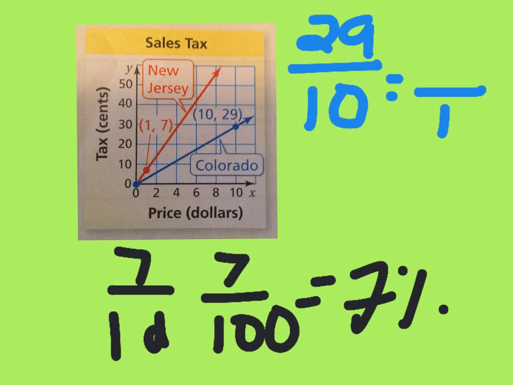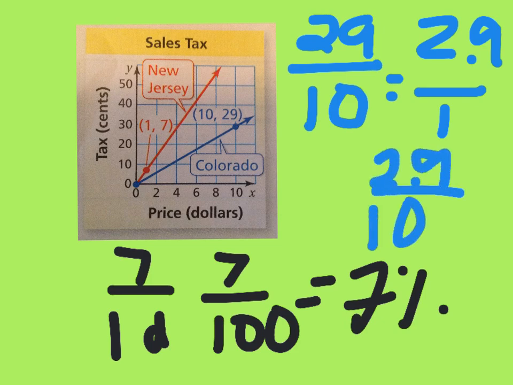So now we have to divide 29 by 10, and we'll get 2.9 for every $1. So 2.9 cents for every 100 cents. So now we know 2.9%. So we can see that New Jersey has a higher sales tax than Colorado.